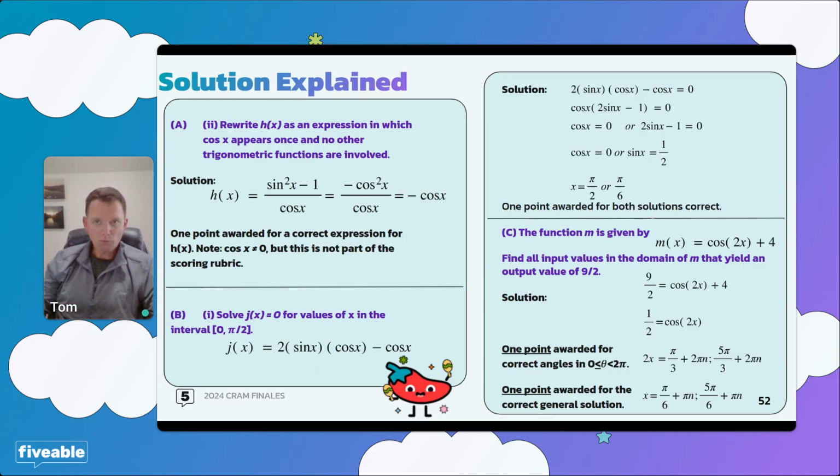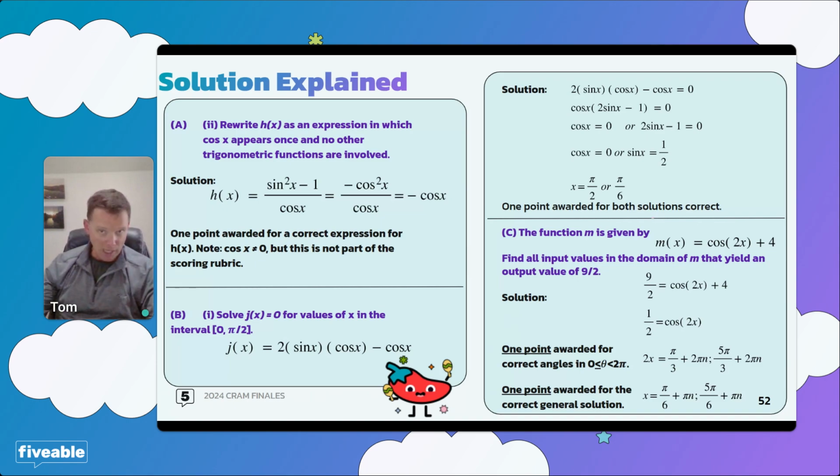For part B, we were given an equation, and we're asked to solve only for values in the interval 0 to pi over 2. Some of you have seen problems where you had to come up with 2 answers, or sometimes even multiple answers with periods. In this case, we can factor out a cosine. And now we have 2 factors. We use the zero product property, one of those algebra 1 topics.